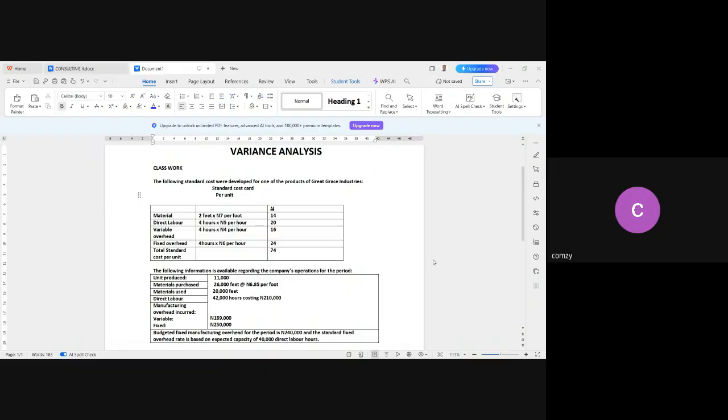Can you give me the answer to material price variance, ma? Please, free me, I beg you. I just started working, honestly. I have just been going through the question and I just opened my book. I was calculating when you shouted Madam Comfort. Okay, thank you. All right.